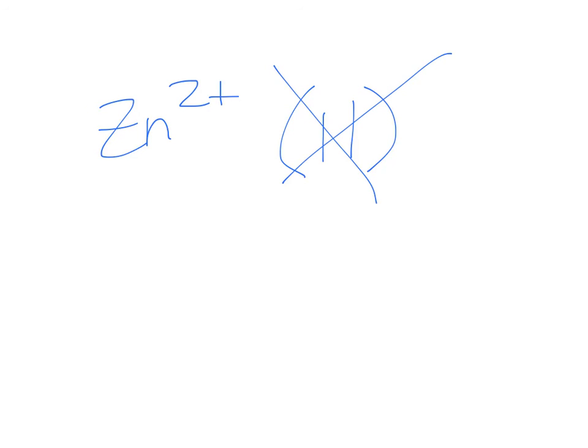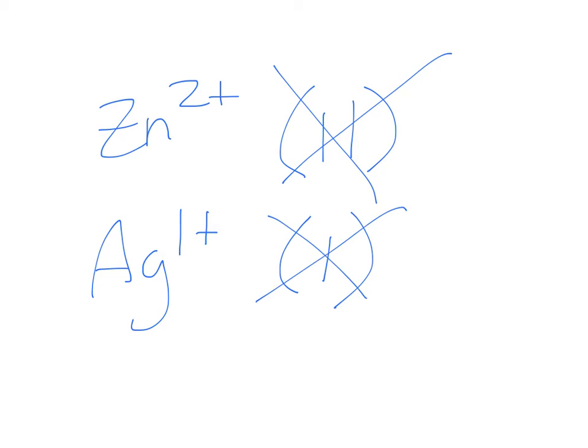All right, so those that you don't need, you're always going to have zinc is going to be a 2+, so you don't have to ever worry about writing anything in Roman numerals. So you don't ever have to do this for zinc, okay? The other one is silver. Silver is always going to be a 1+, so instead of writing this, you don't. So if it's in a compound, you would just write something like zinc chloride.